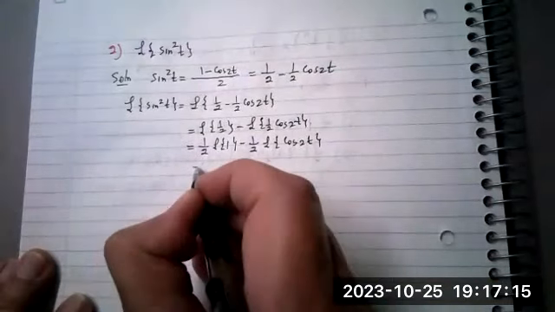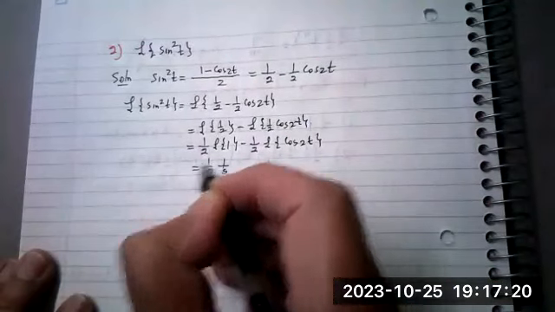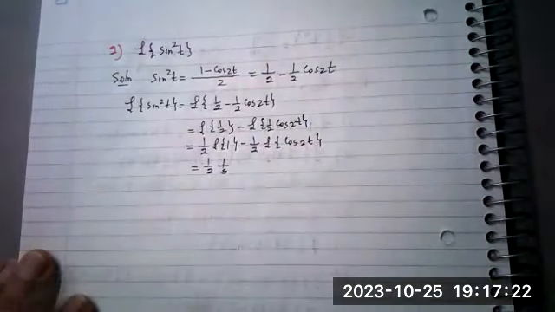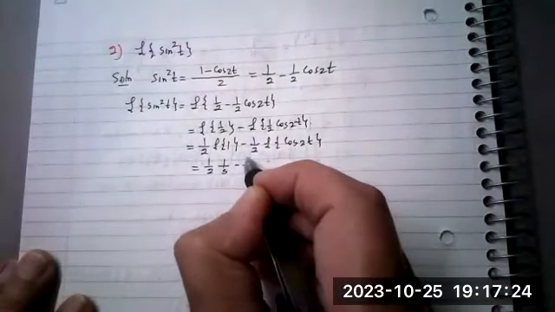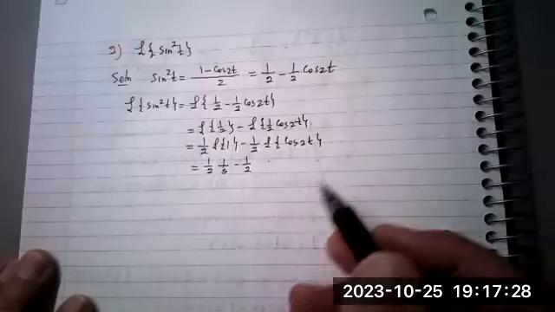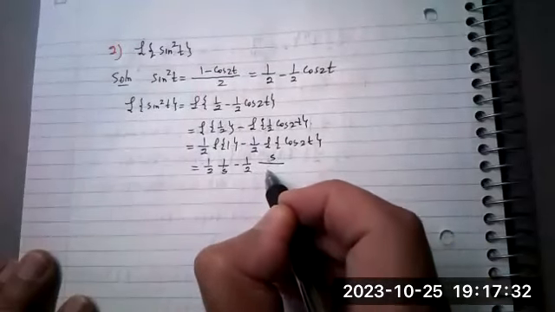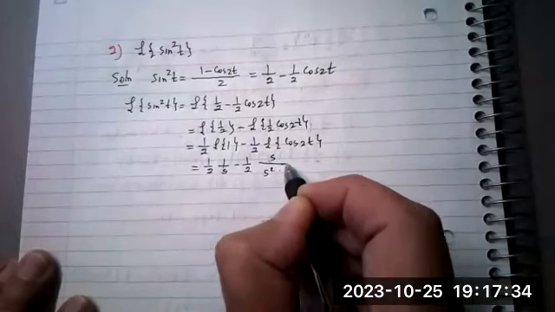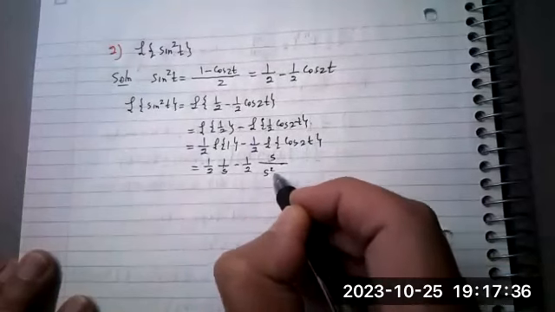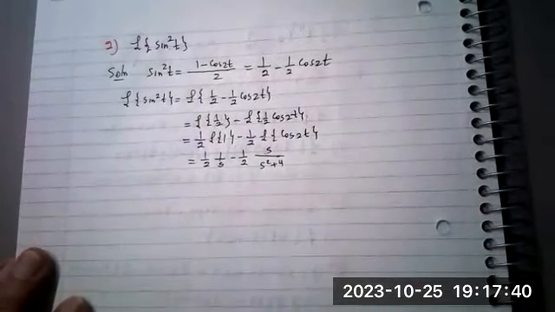So it's going to be 1/2 times 1 over s, minus 1/2 Laplace of cosine of at, which is 2. It's going to be s over s squared plus a squared. A is 2, that gives you 4.